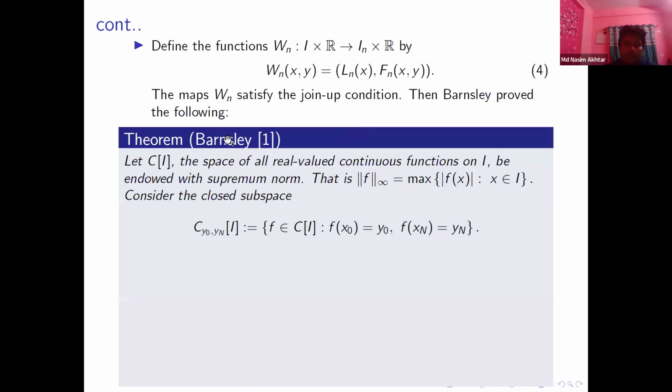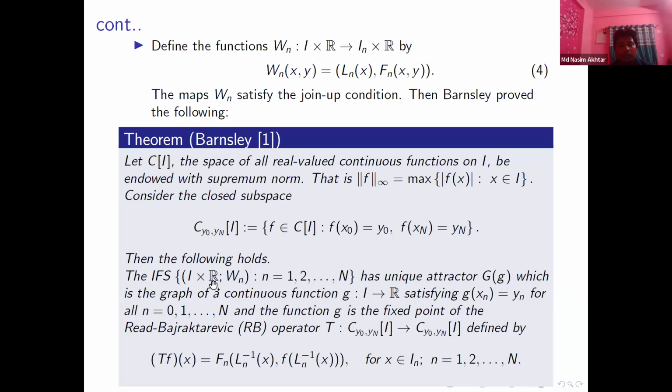Then Barnsley proved the following result, which is the main result for the construction of the fractal interpolation function on the Euclidean plane. Let C(I) be the space of all real-valued continuous functions on I endowed with the supremum norm, and consider the closed subspace C_{y0,yN}(I), which consists of all continuous functions f which interpolate the endpoints.